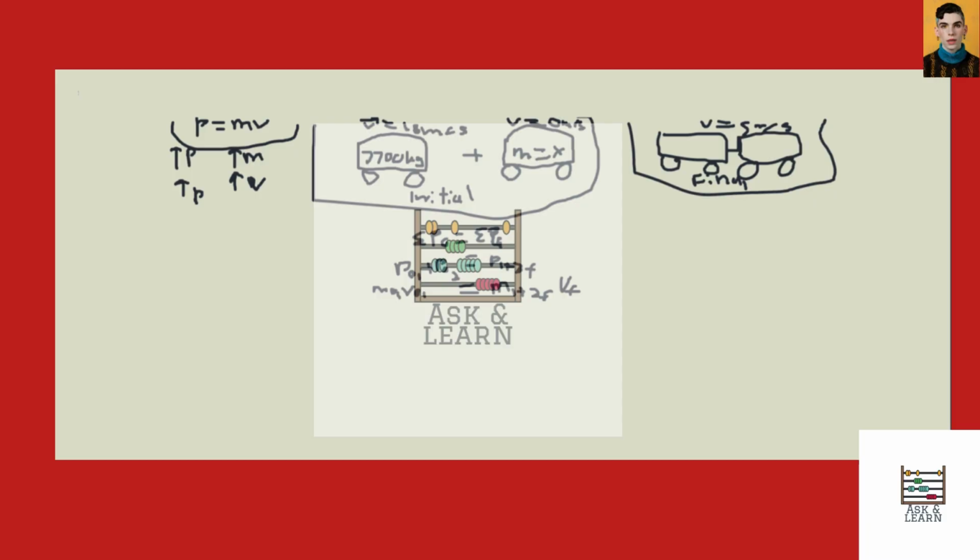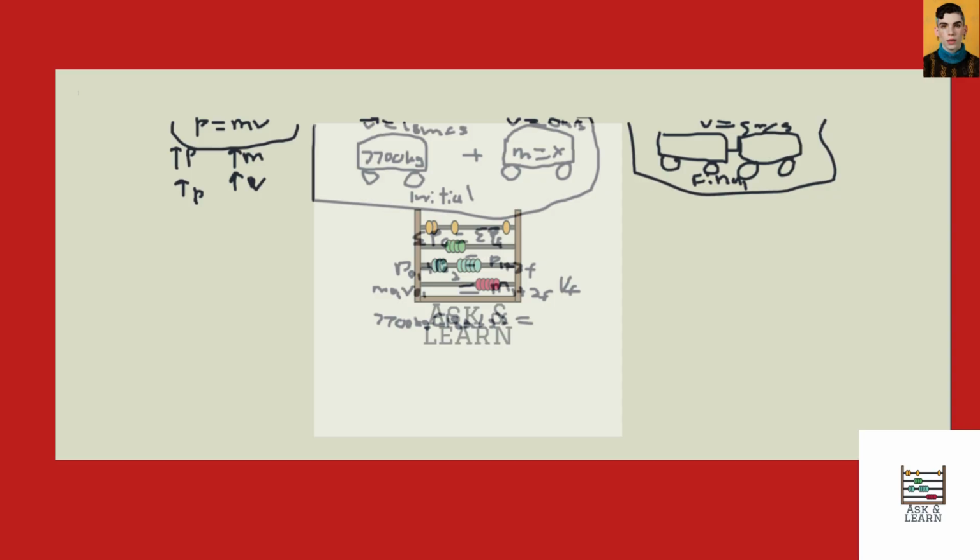What is the mass of the first boxcar? 7,700 kilograms. Easy enough. Velocity of the first boxcar, where can we find this? In our diagram. And that's 18 meters per second. Now, what is this equal to?